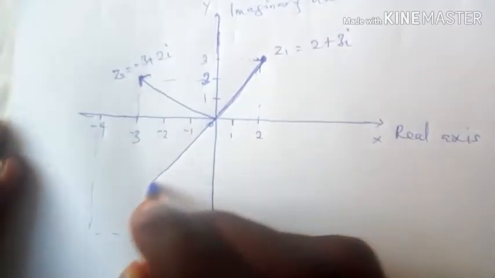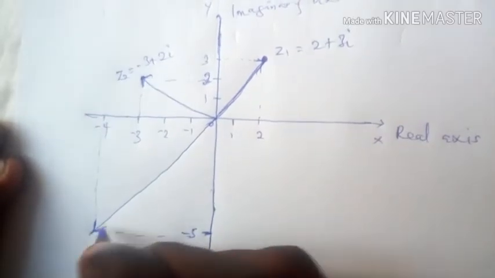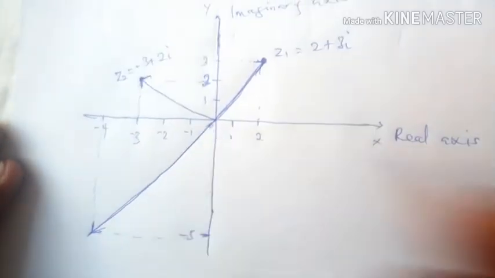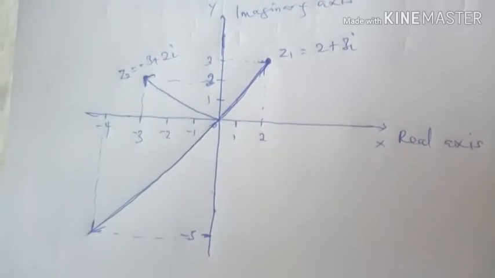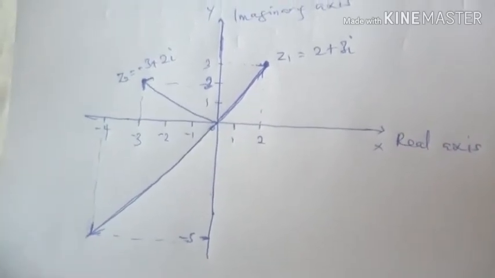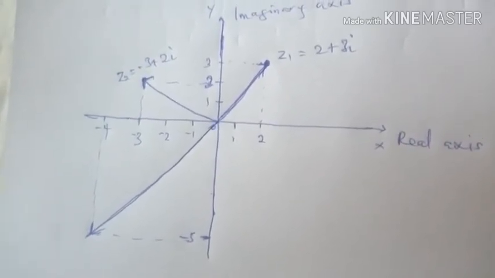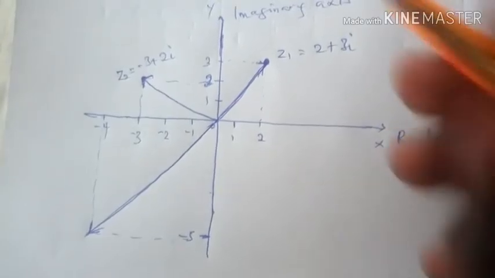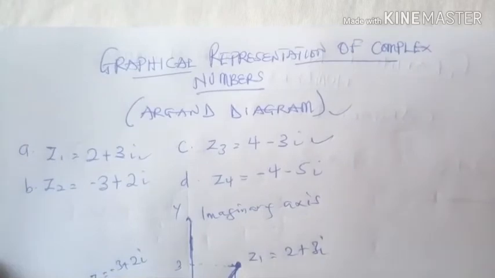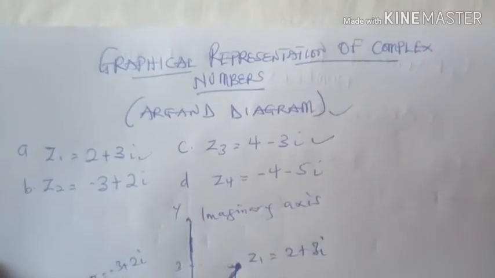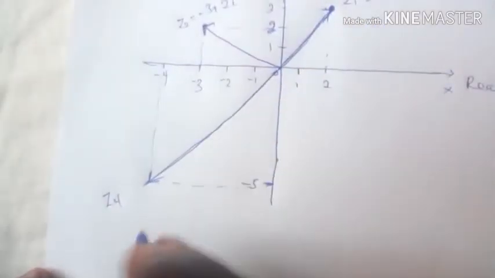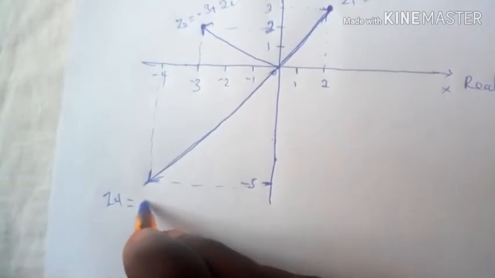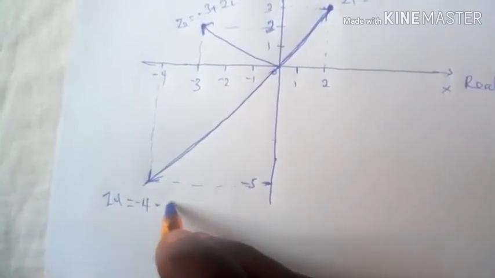So you draw the vector. We haven't done this one yet, so this is actually z4, which is equal to negative 4 minus 5i.